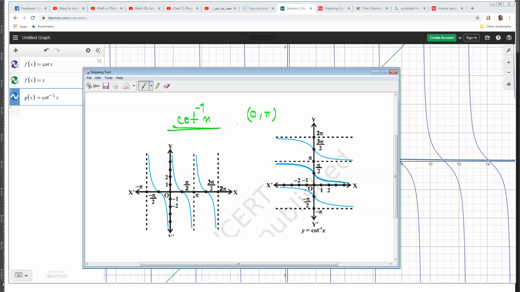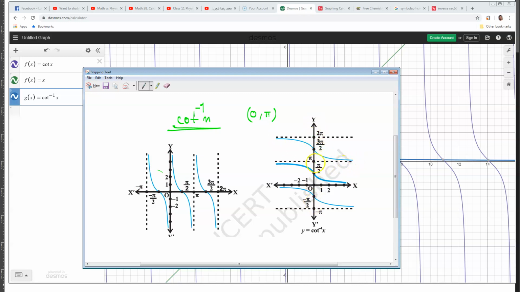Unless we find out that the meaning is something else, which we will find out in the exercise. Otherwise, most probably that's the meaning. And then you can do the same thing: depending on how you define your function, meaning how you restrict the domain of the function, you will get one of these branches over here.